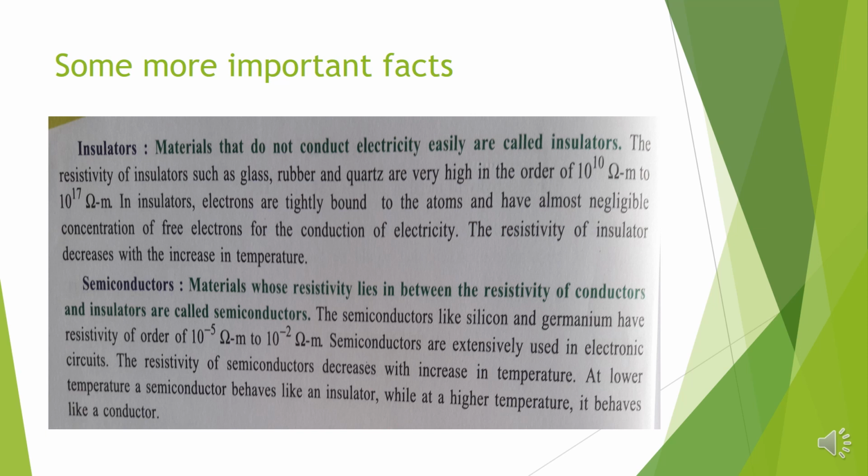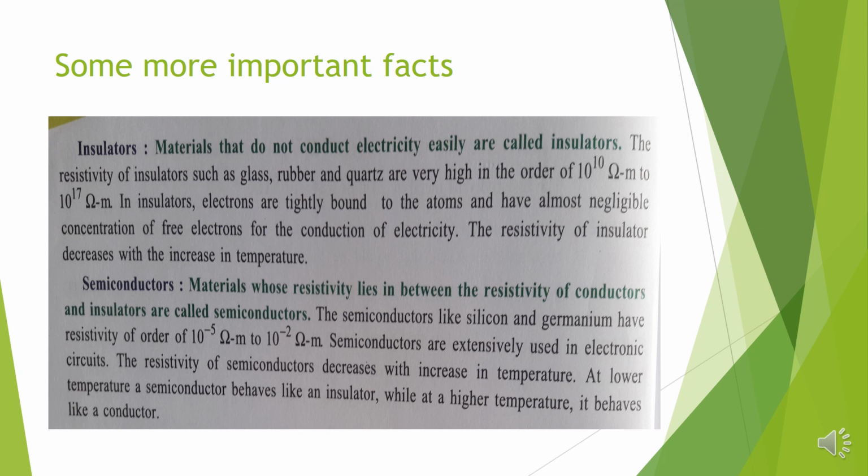In insulators, electrons are tightly bound to the atoms and there is almost negligible concentration of free electrons for the conduction of electricity. The resistivity of insulators decreases with increase in temperature. Very important point. Resistivity of insulators decreases with increase in temperature.